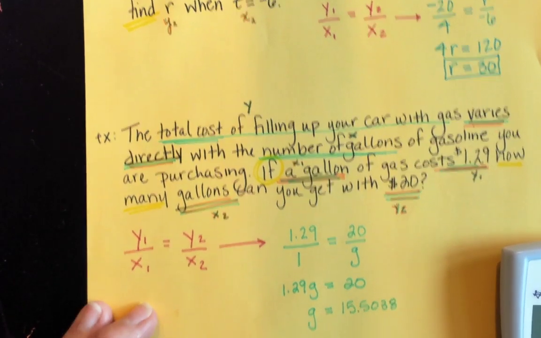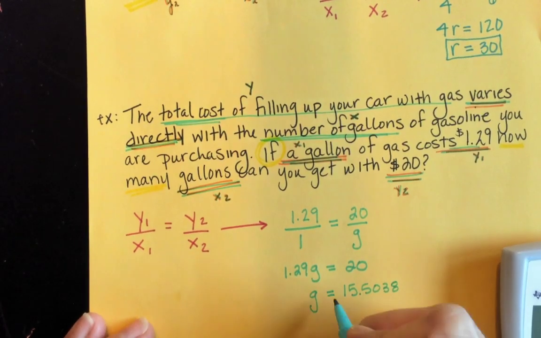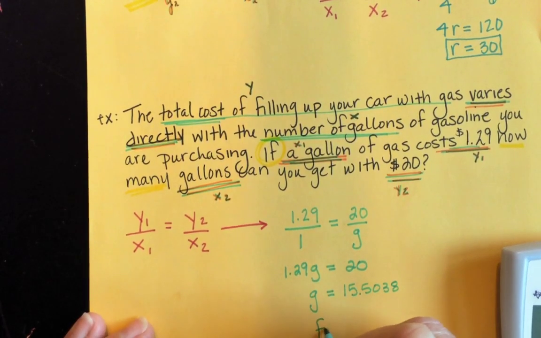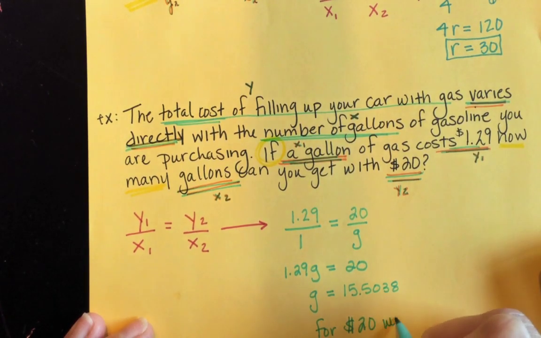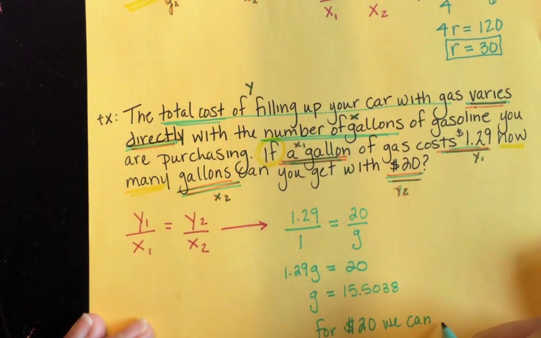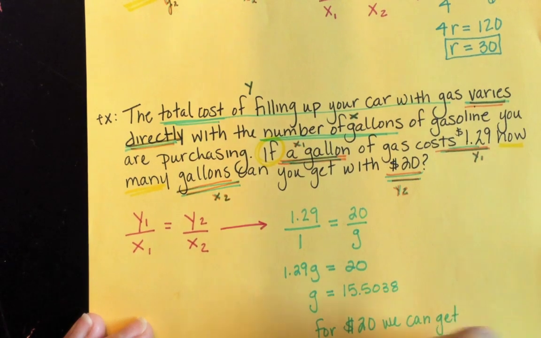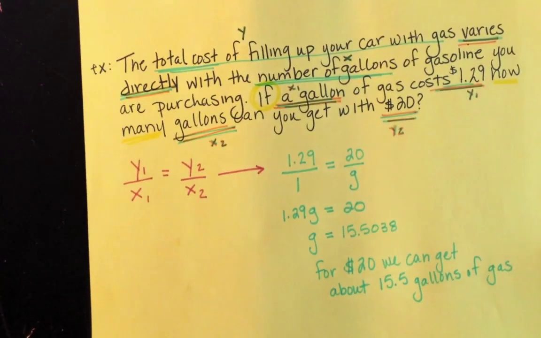So we can say that for $20, we can get about 15.5 gallons of gas, which is pretty darn good considering.